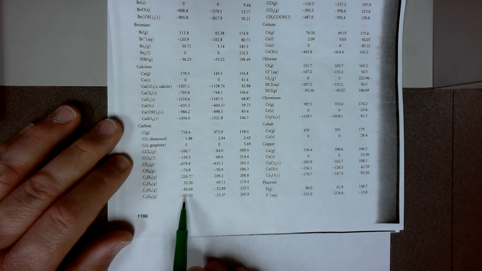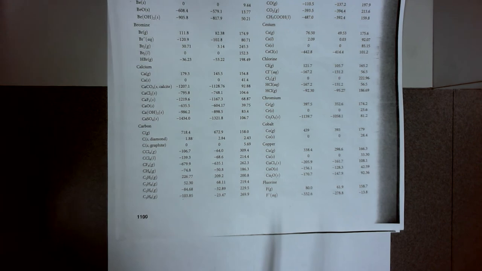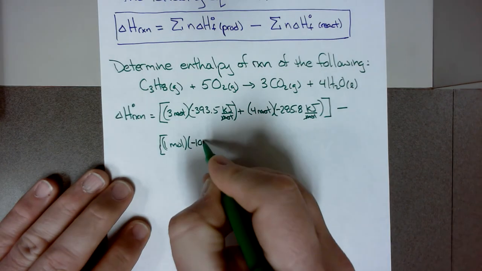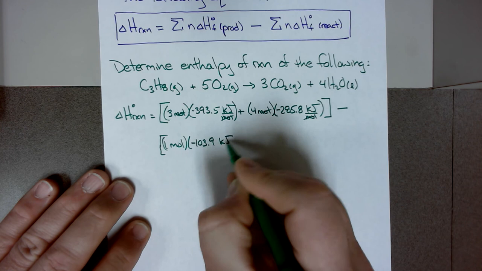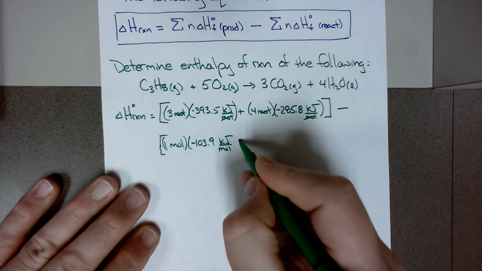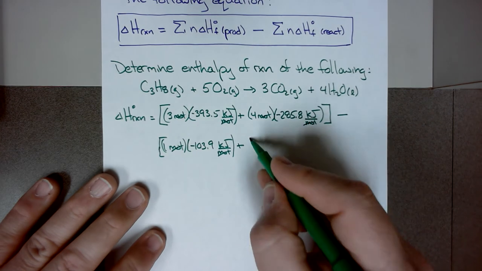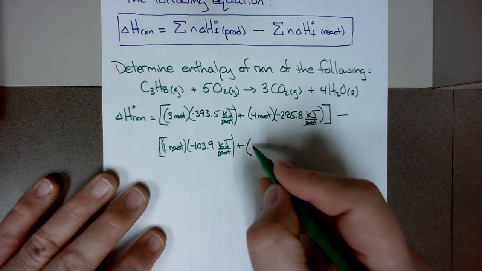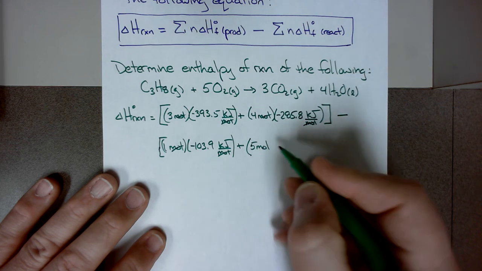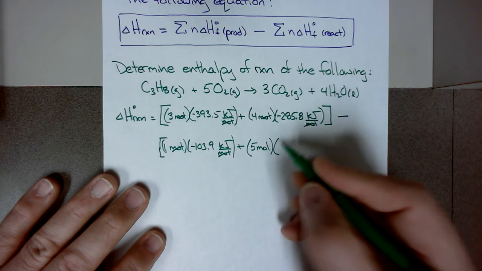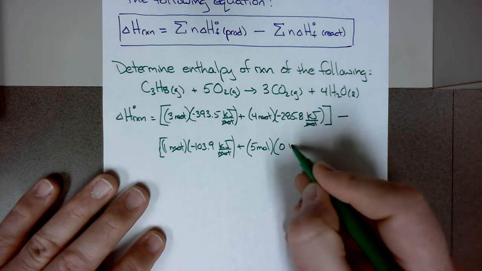It's a negative 103.85, and so we're going to round to negative 103.9 kilojoules per mole, plus, remember, it's the sum of all the reactants here, and so that's 5 moles of oxygen, and remember, oxygen is an element, and so that's going to be 0 kilojoules per mole.